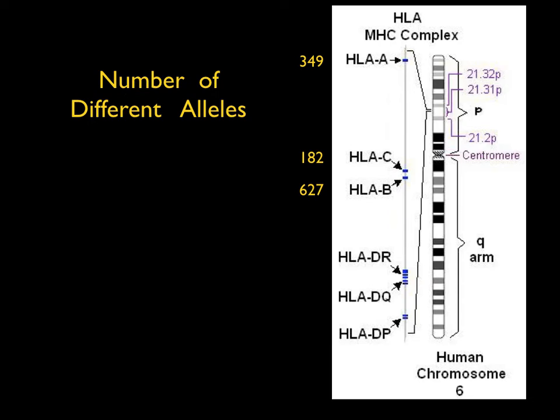Now, fortunately, if somebody needs, let's say, a heart transplant, the doctors and the geneticists will do genetic testing on that person to determine that person's specific kinds of HLA-A genes, HLA-B genes, HLA-C genes, and the 3 different groups of the HLA-D genes.